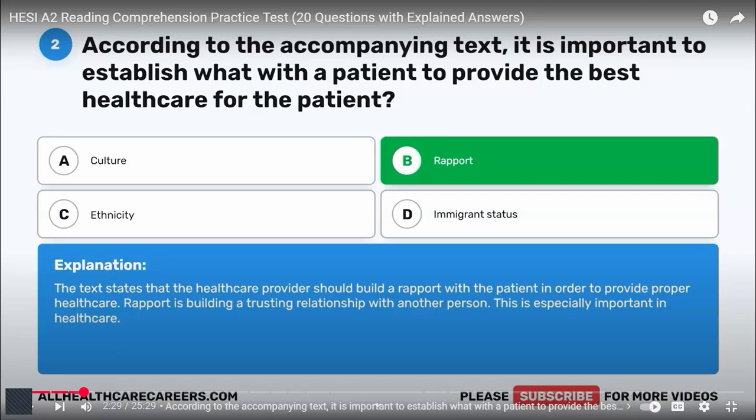Why is that? Because the underlying principle for these questions is to determine whether or not you can obtain or get information from a paragraph. So they only want the information they provided in the paragraph. They don't want to know any external information.